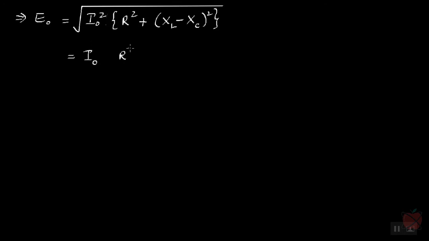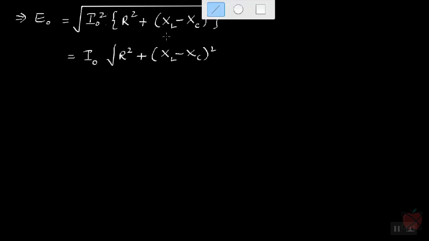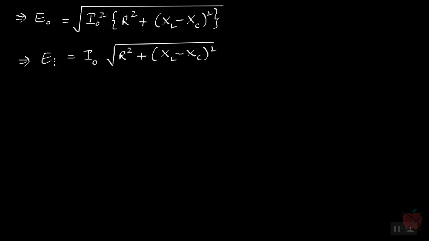So inside of the square root, I get R square plus XL minus XC whole thing square, under root. My square root doesn't look good. Let me draw a better one. So this equation gives the expression for the applied EMF. Okay, let's call this some equation. Is this clear here?